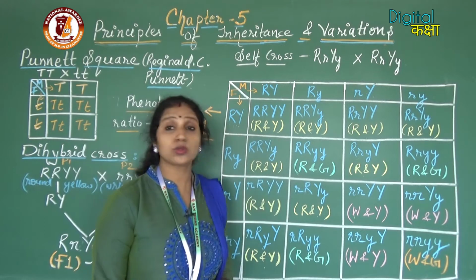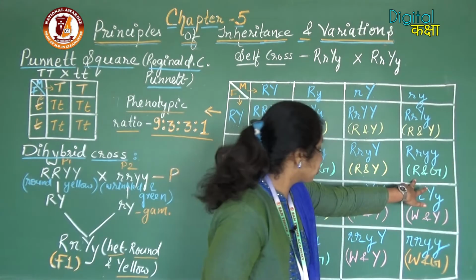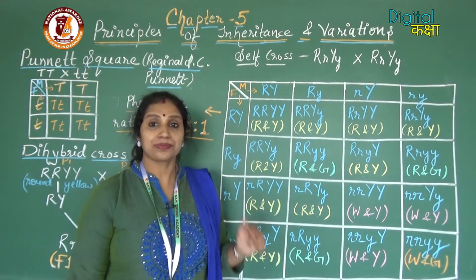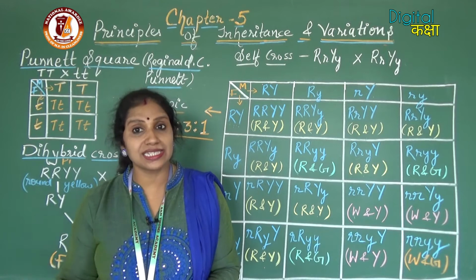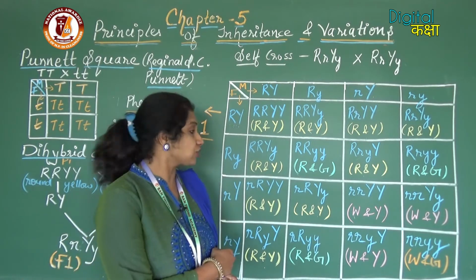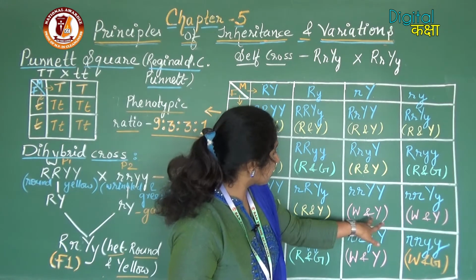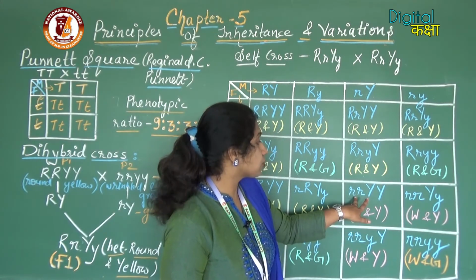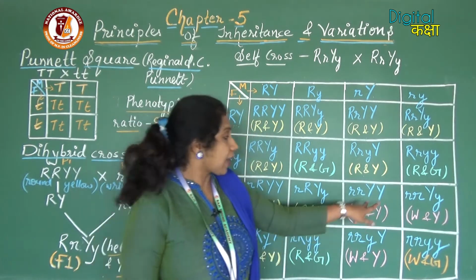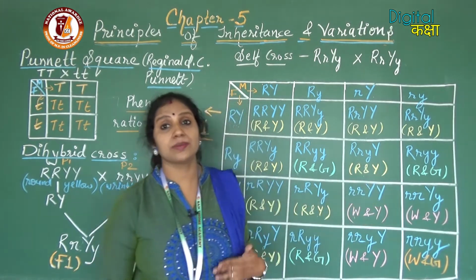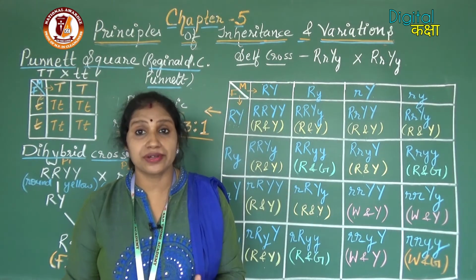So how many round and green seeds are there? Let us see. 1, 2 and 3. So there are 3 round and green seeds. Now let us see the next new combination. You can see wrinkled and yellow, that means small r and capital Y, capital Y. Capital Y means it will be yellow, small r means it will be wrinkled.